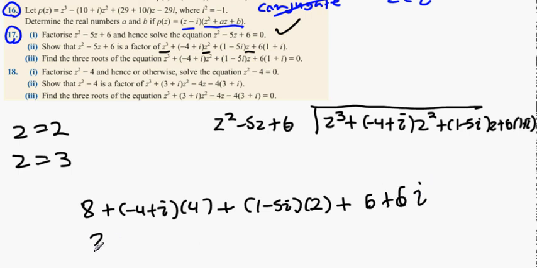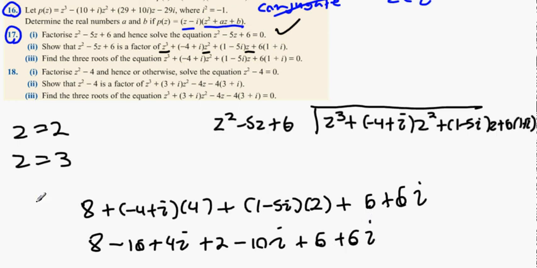When you multiply it out, you're going to get 8 minus 16i, minus 16 plus 4i, plus 2 minus 10i, and plus 6 plus 6i.